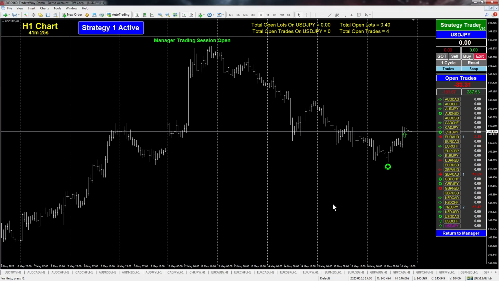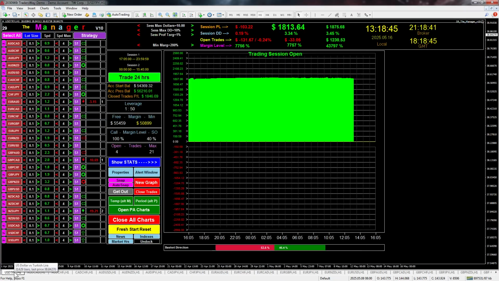Now, when you start out, like this one here, we're trading strategy 1 on all 28 pairs. You can have a bunch of drawdown when you start out, but you know how these things work. Sometimes you get in on them at a good time and they take off like a rocket ship. Other times you just sit there and do nothing, or a bunch of them will go against you.